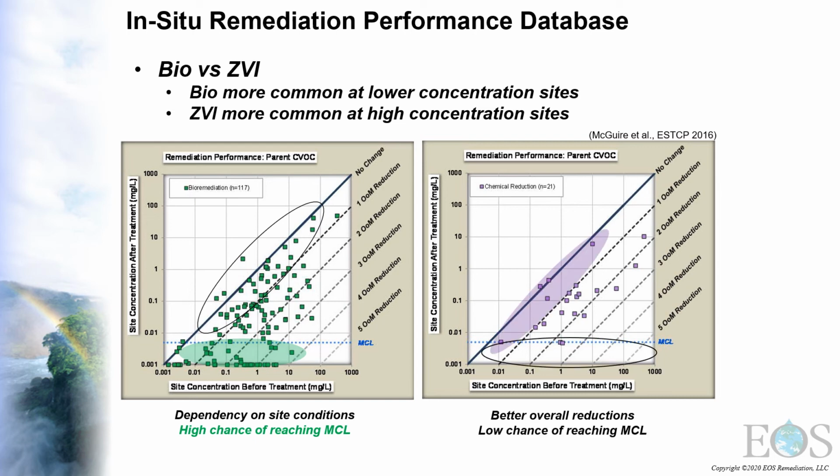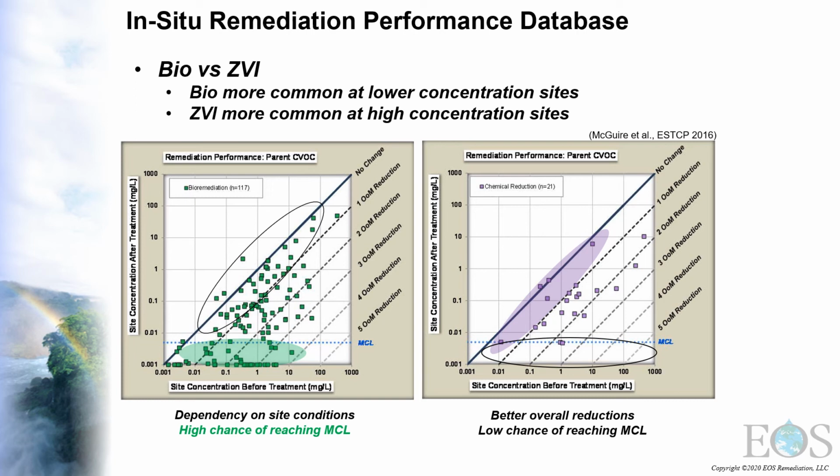If we look at zero valent iron now, this is the graph on the right-hand side. Again, it's the same thing as the bioremediation plot, just we're looking at zero valent iron now. Basically, the same analysis is in reverse, or the inverse. So in the purple circle there, we are seeing that the success rate is a little bit better. There are not as many poor responses from the technology.